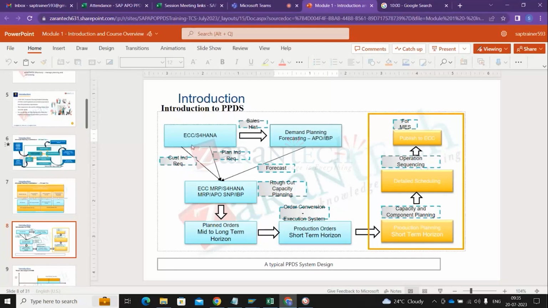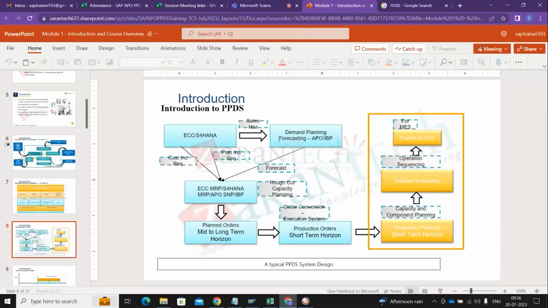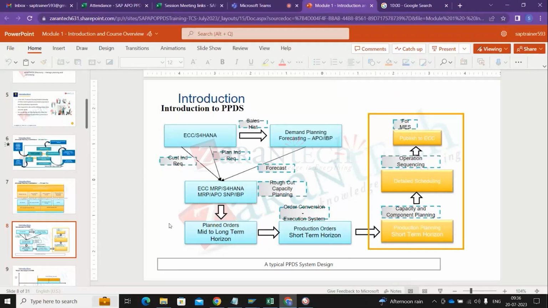So that's about the ERP software or the MRP software or the network planning or integrated business planning software that we do. But all that these tools are doing here is rough cut capacity planning. Can someone from yesterday's students explain what rough cut capacity planning is?